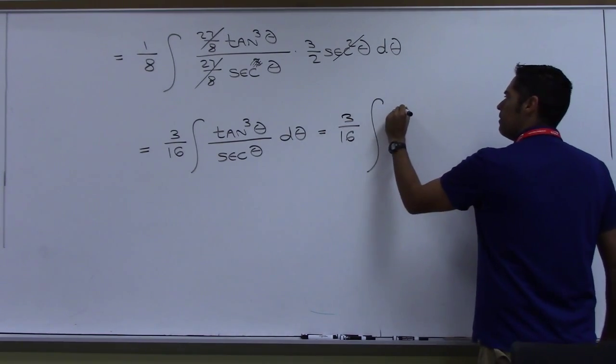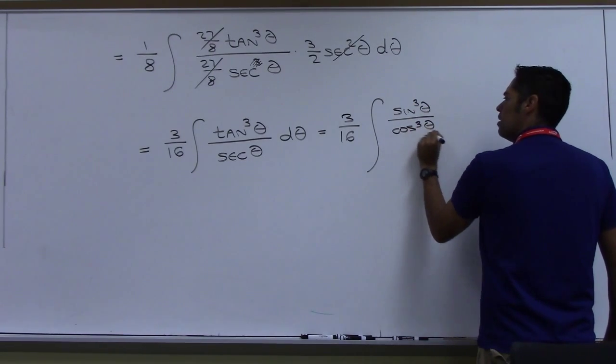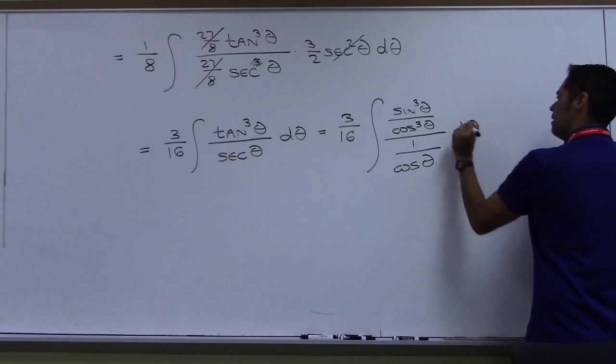So I'll have sine cubed theta over cosine cubed theta over 1 over cosine theta d theta.